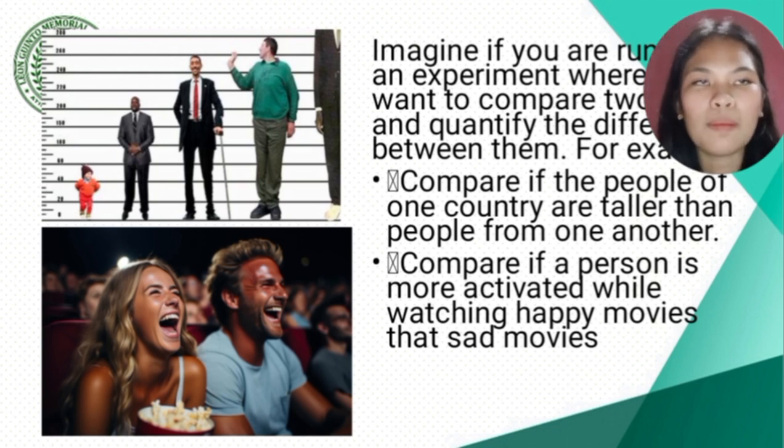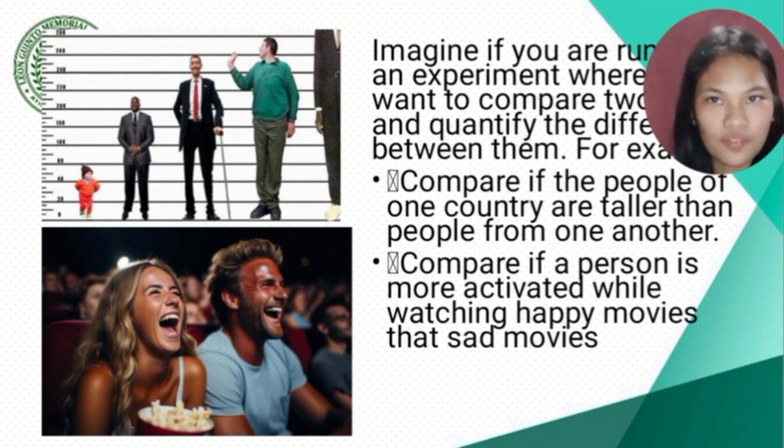Just like America and the Philippines, if we would compare the height of the people from America, we can see that the people in America are taller than the people from the Philippines. Another example is comparing whether a person is more active while watching happy movies than watching sad movies.